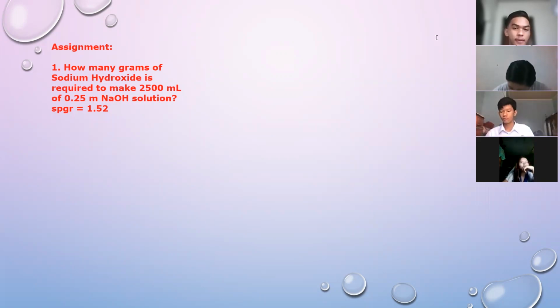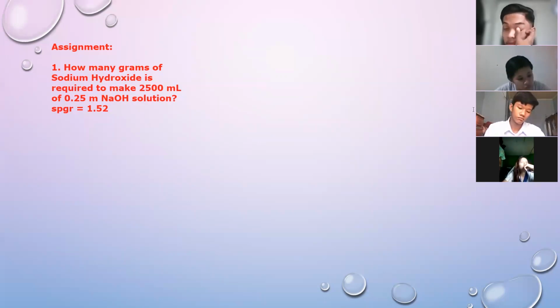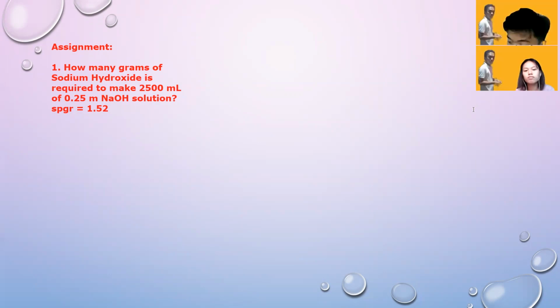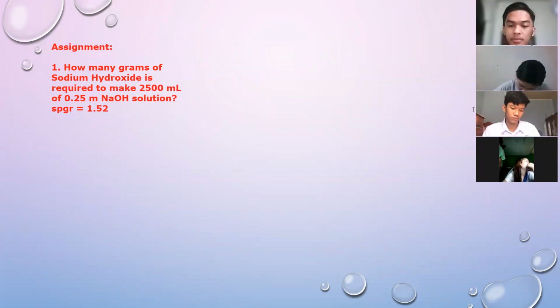So magko-compute tayo sa lab. Okay, so please copy your assignment, any sheet of paper, 2 decimal places, show your solution. Now I'll just provide a submission bin later sa Schoology. Okay?